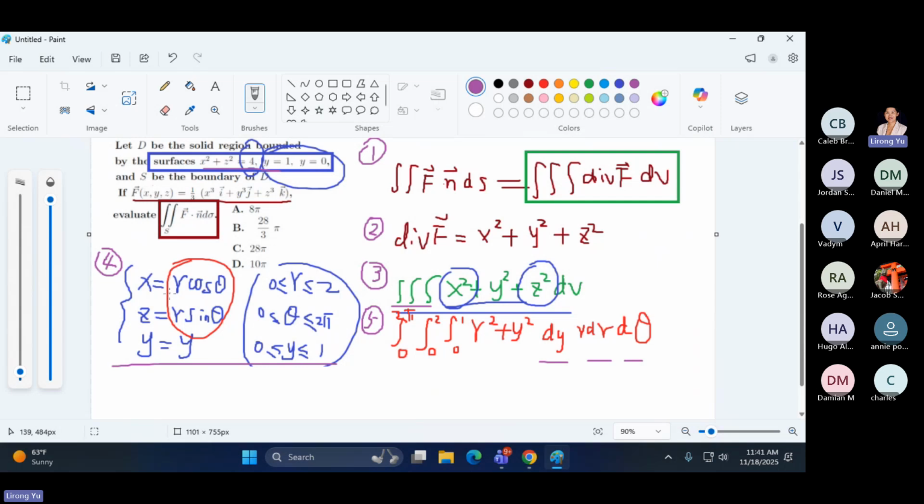That's why I didn't put a 2 there and replace r with 2, because this is a 3-dimensional integration, so r has to be a variable, not a number. I have to pace ourselves to not hastily change our variable to a number, so we maintain those 3 variables. But r did have a boundary, that r is from 0 to 2.